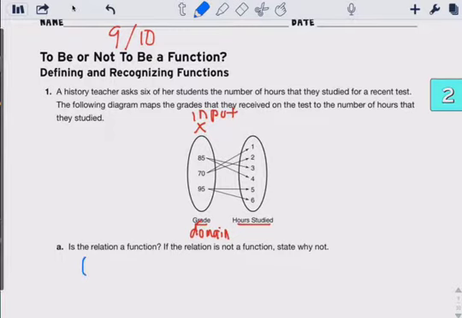Well, it is not a function because 85 goes to 3, and then 85, the domain or the x or the input, goes also to 4. Once the domain repeats, as you notice here, the x repeats, the input repeats, it is no longer a function.